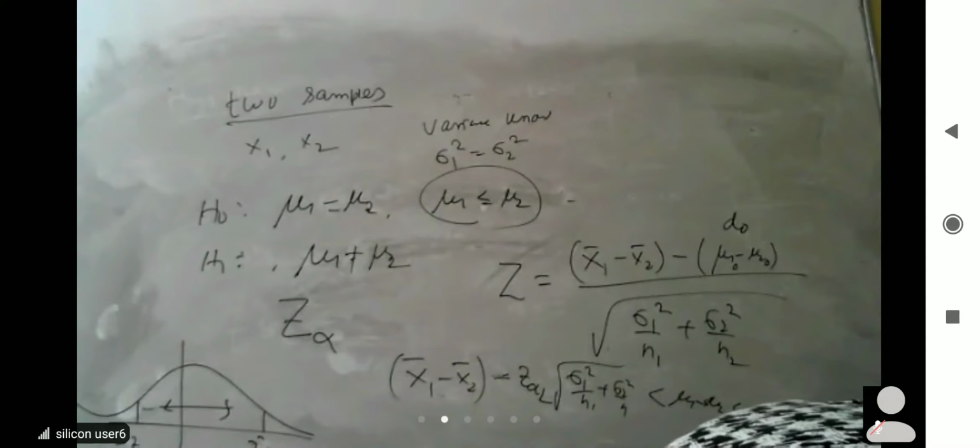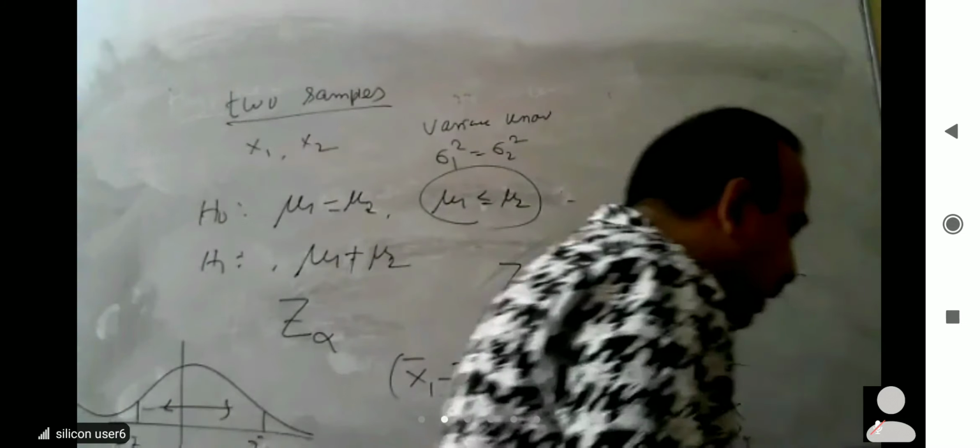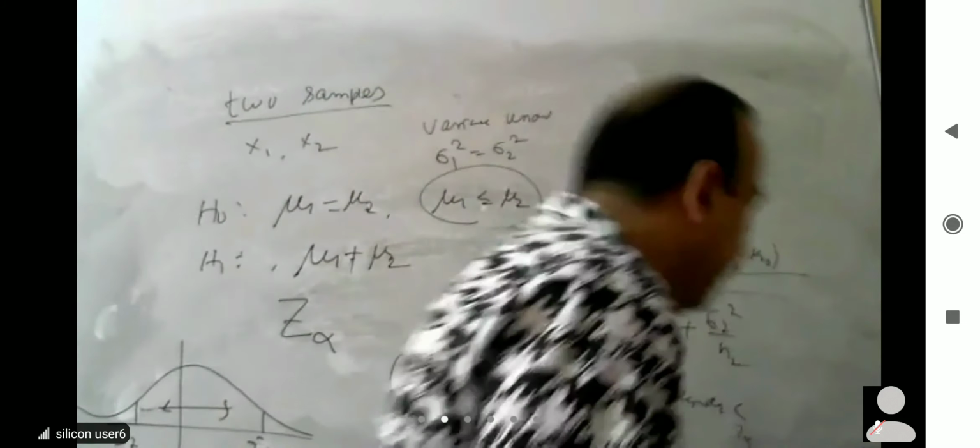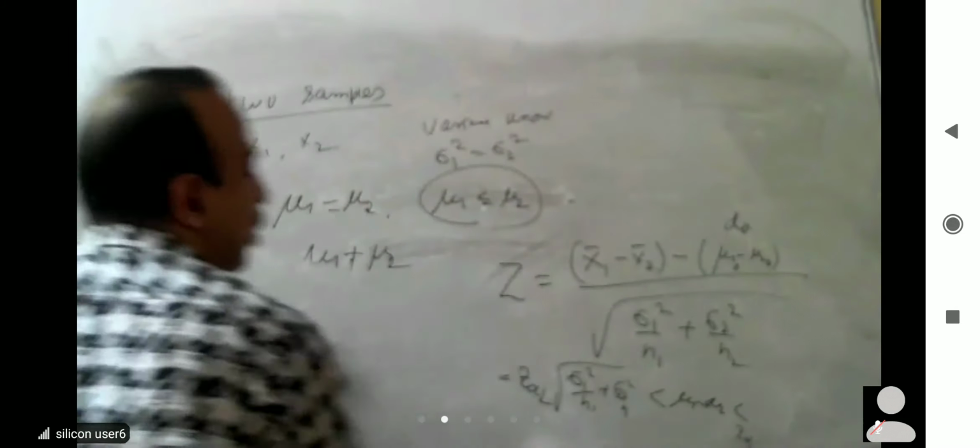Then if both the samples are small and the variance is unknown, then what will we do? Come on, everyone. T-test.